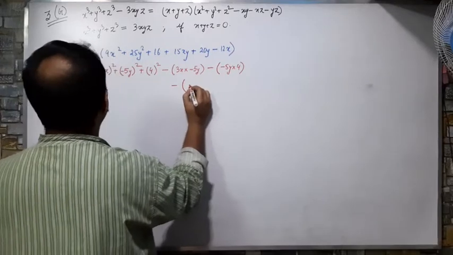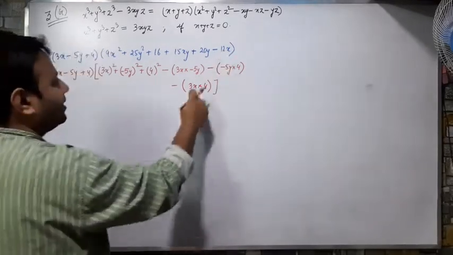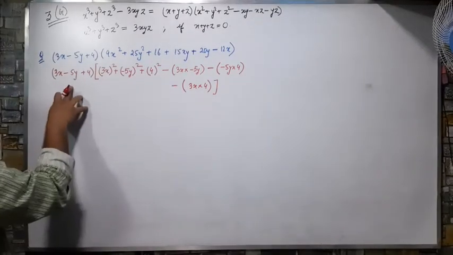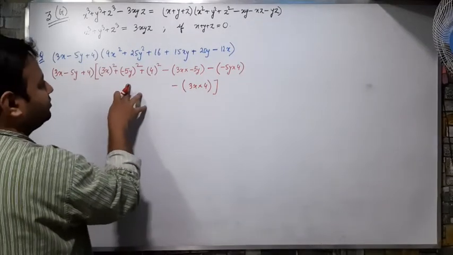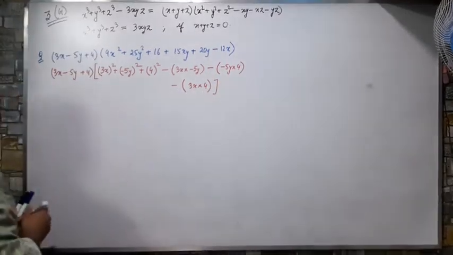I am getting here 3x into, see, so I am getting this as a plus b plus c into a square plus b square plus c square minus ab minus bc minus ac. So what is the formula of this?